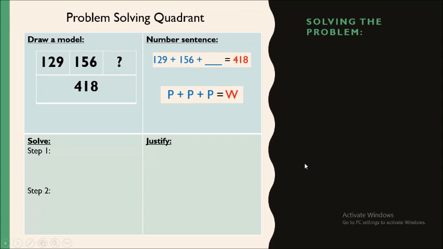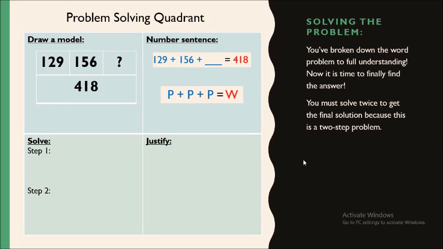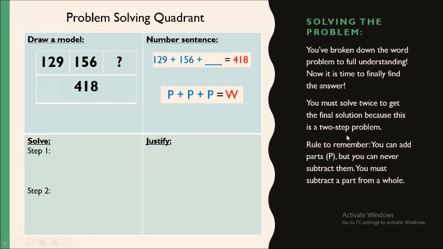Moving on to solving the problem. You've broken down the word problem to full understanding. Now it is time to finally find the answer. You must solve the problem twice to get the final solution because this is a two-step problem. Rule to remember is that you can add the parts, but you can never subtract them, and you must subtract a part from a whole.